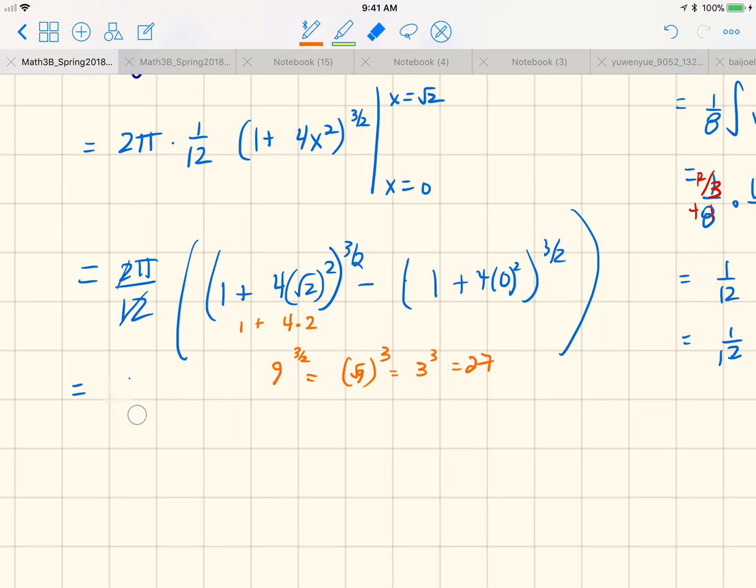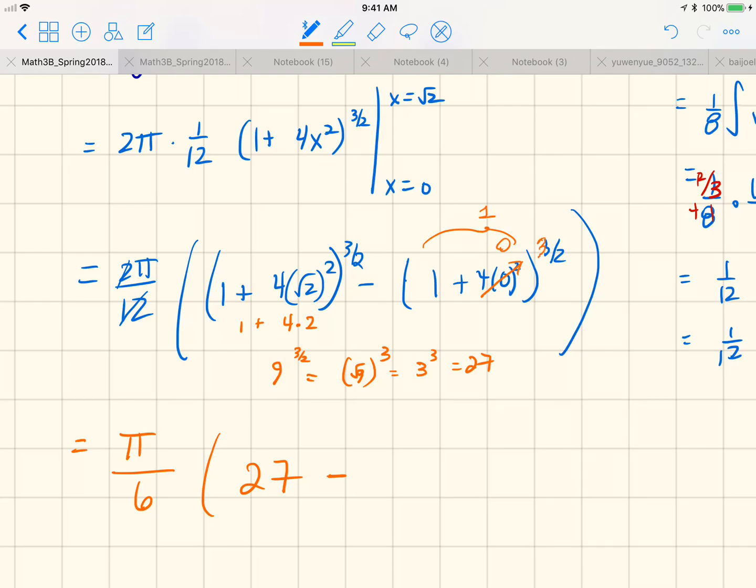So I'll have pi over 6 times 27 minus, over here I should just have 1 because this is going to be 0, so the inside part is going to be 1.